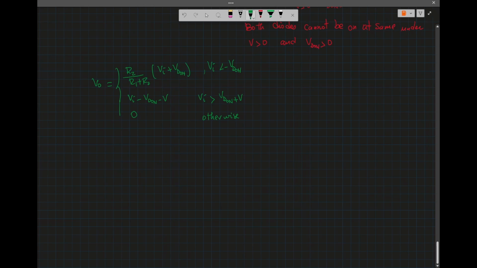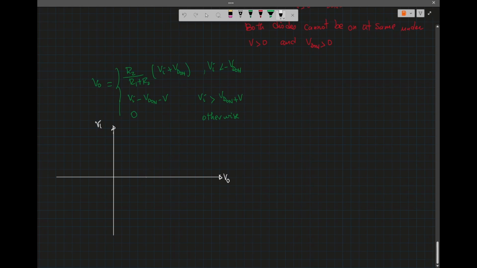Okay, so can sketch the output, the transfer characteristic. Sketch the transfer characteristic. So here I have V0, have V in.